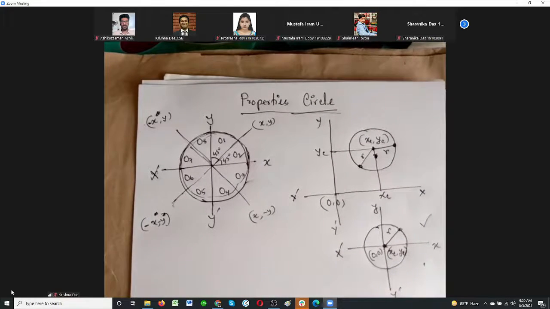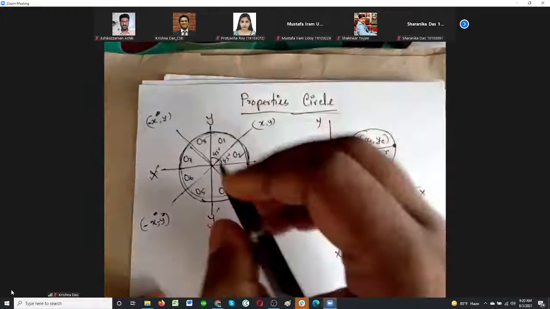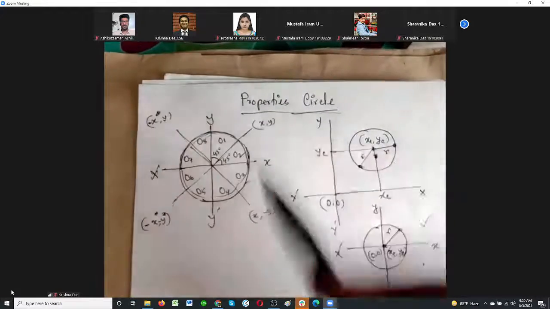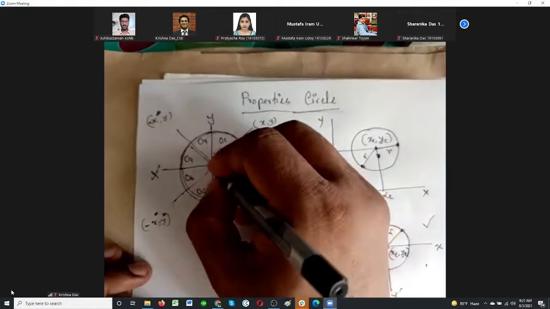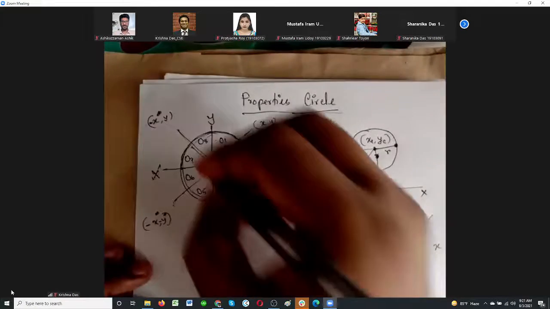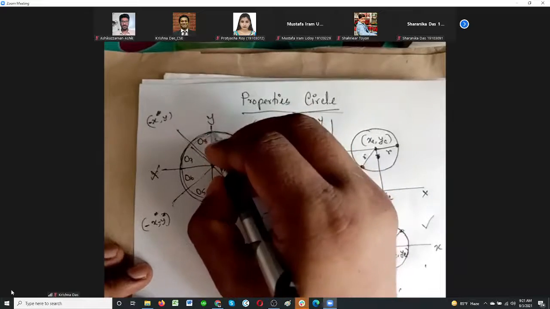Now think your problem says you have a circle whose radius is, say, 7. Then instantly, if this is my origin, you get the coordinate values of these points.